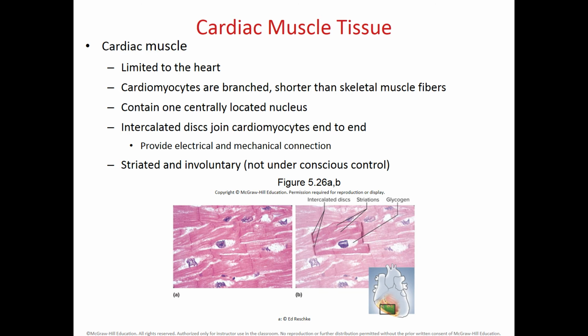Now, within this cardiac muscle, you have strong bands in between the cells that are called intercalated discs. These intercalated discs provide an electrical and mechanical connection. This muscle is not under conscious control, so it's called involuntary, and it also has striations.